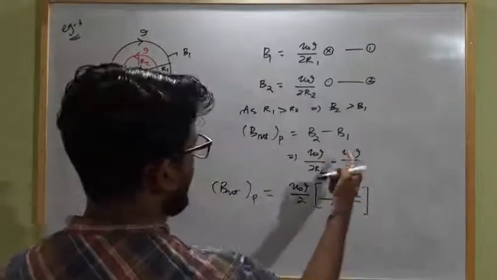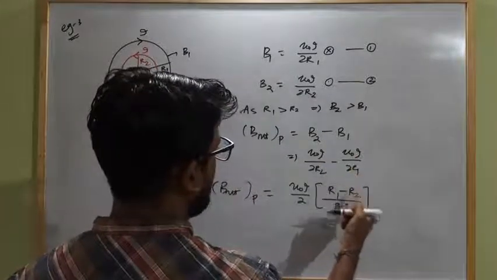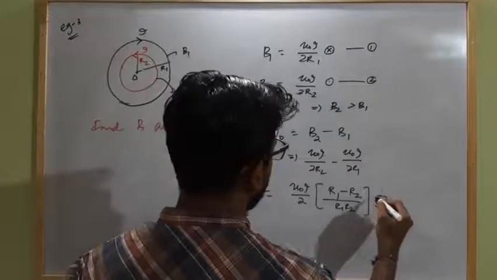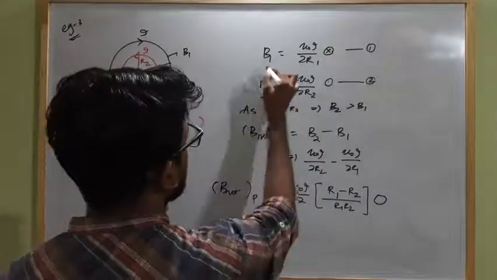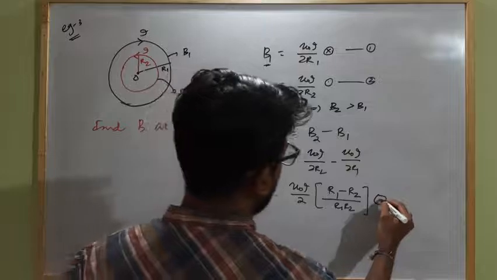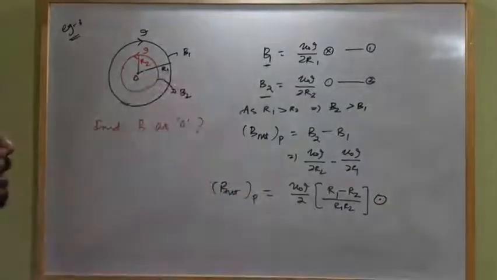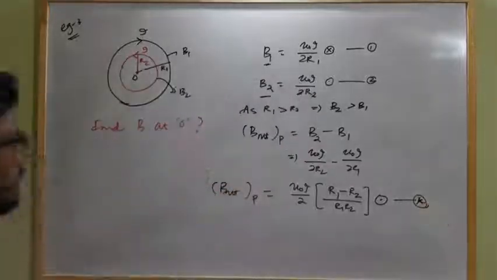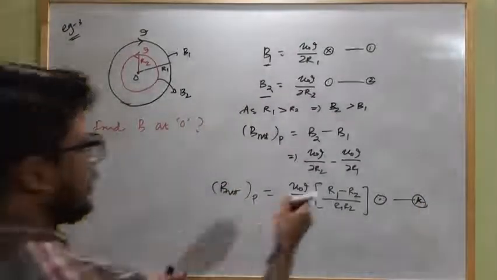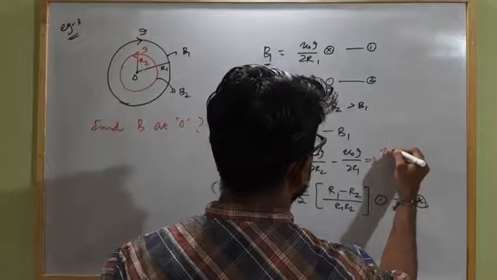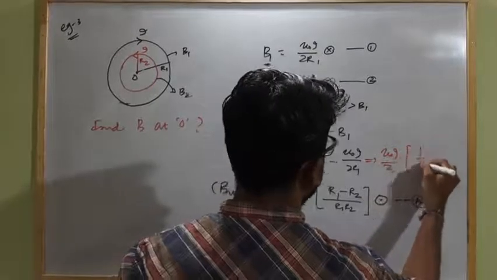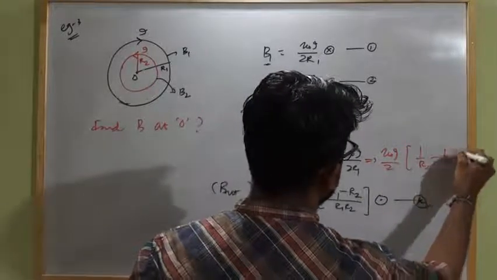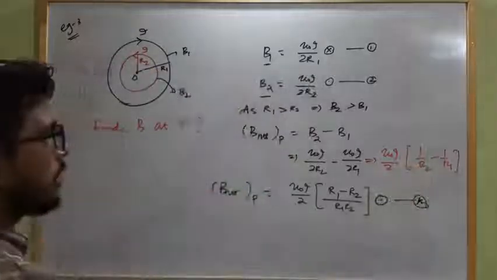Clear? 1 by R2 minus 1 by R1 will be R1 minus R2 by R1 R2, and the direction, as B2 is greater than B1, will be outward. Clear? So this is mu naught I by 2 into 1 by R2 minus 1 by R1, which is R1 minus R2 by R1 R2.